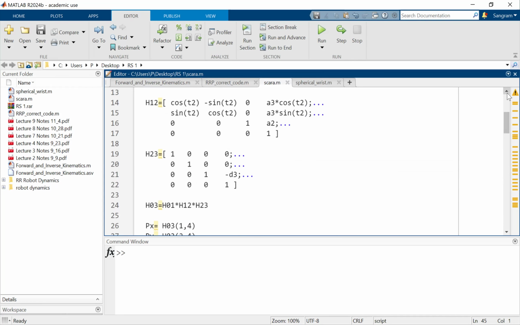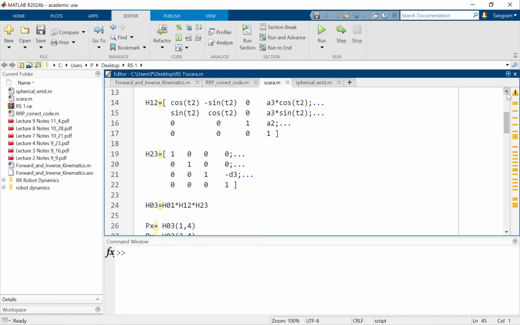And I want you to notice H23 is an identity matrix with a minus D3. Okay. So now what you'll do is H03 is equal to H01, H12, H23.